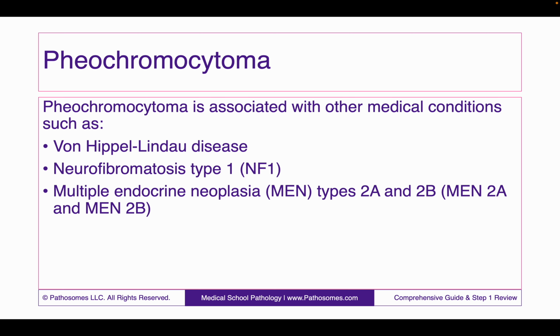Pheochromocytoma is associated with other medical conditions such as von Hippel-Lindau disease, neurofibromatosis type 1, and multiple endocrine neoplasia types 2A and 2B.